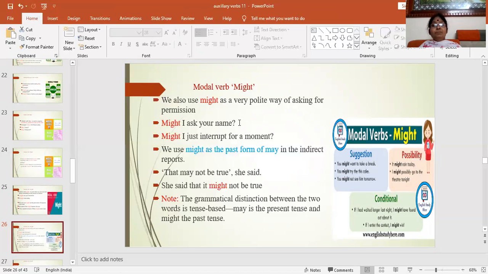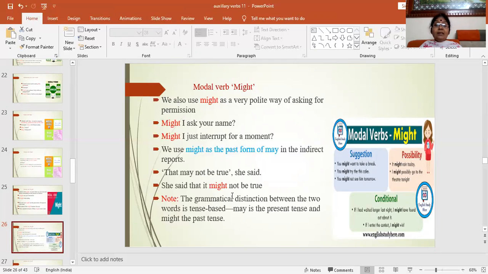We also use might as the past form of may in the indirect report. For example, that may not be true, she said. And when I want to give it in the indirect way, she said that it might not be true. So we use might as the past form of may in the indirect report.